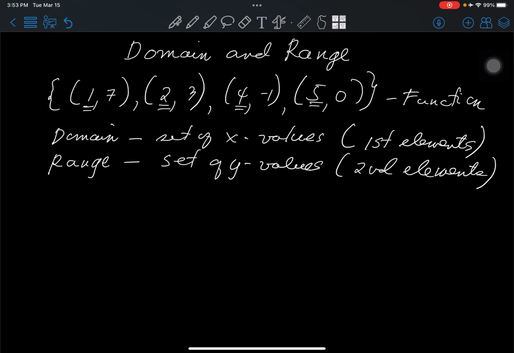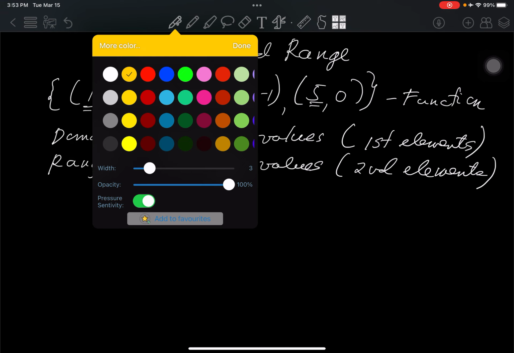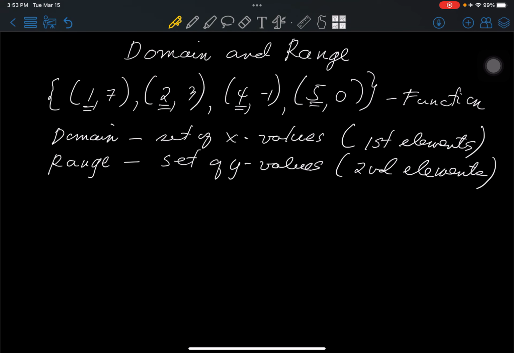By looking at our example, your domain is 1, 2, 4, and 5 because they are the set of first elements in our given set.